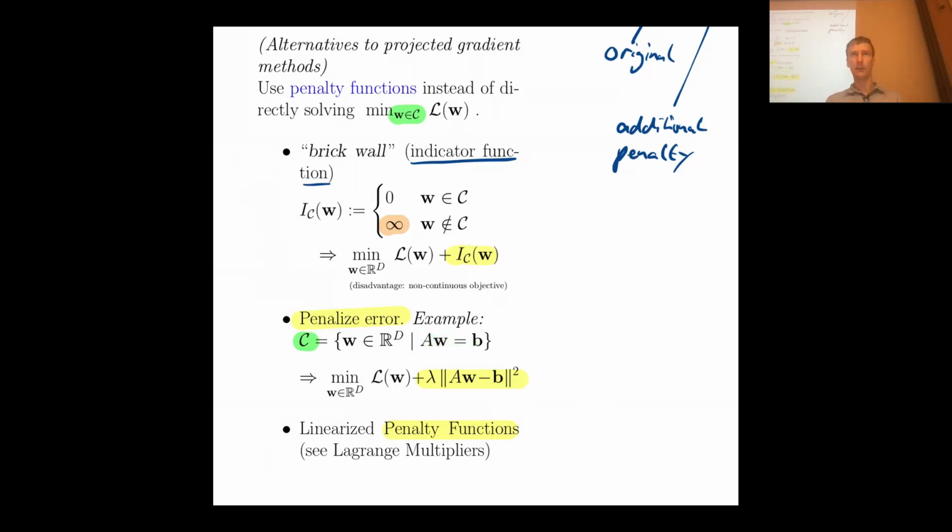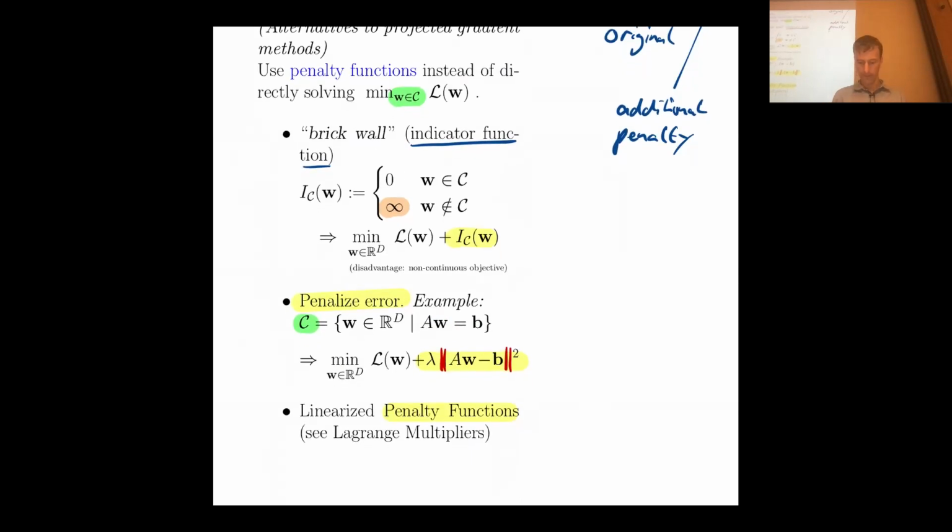There's one very easy measure of how far away you are from satisfying this, and of course it's natural to use the norm. The norm is just one way to measure how far away you are. If you satisfy the constraint, this is 0. If you don't, then this norm tells me how bad it is, how far away you are from being inside set C.